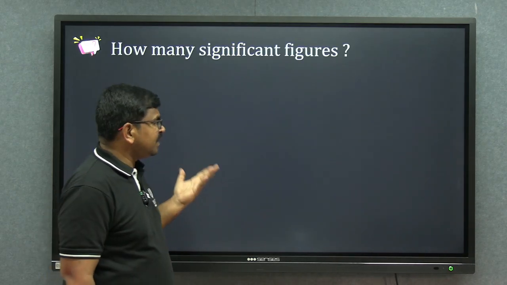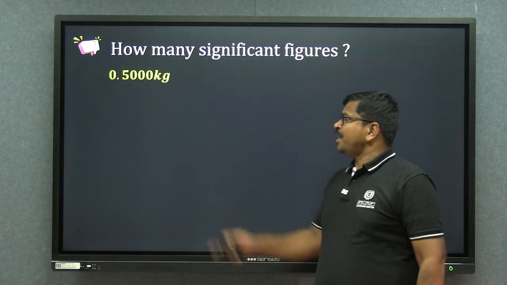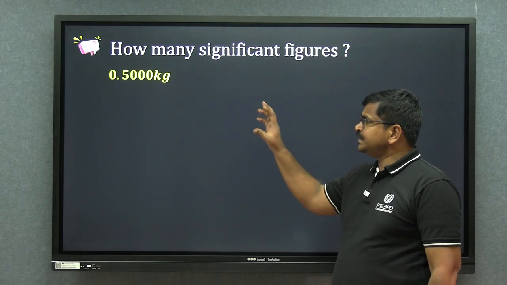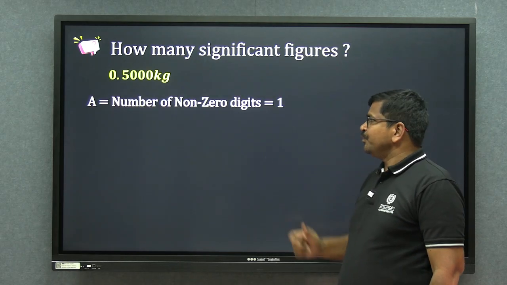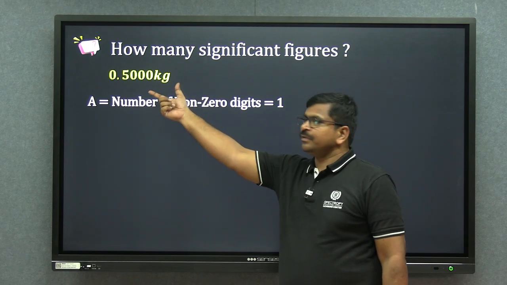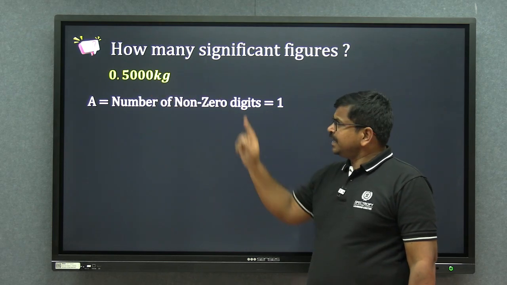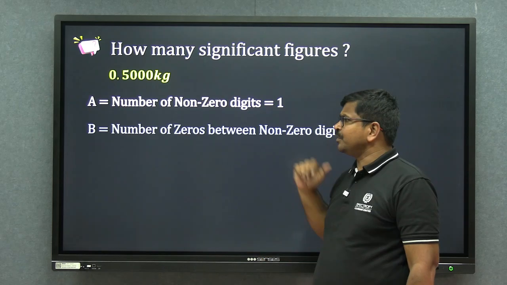Let us try to understand with a good example here. Let me take a measured value, 0.5000 kilograms. How many significant digits are there? As per our technique, we should estimate the number of non-zeros. A equal to 1. Are there any zeros between non-zeros? No, only one non-zero is there, so B is not possible.